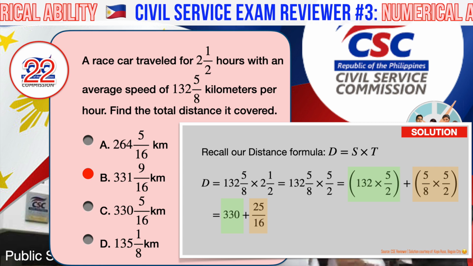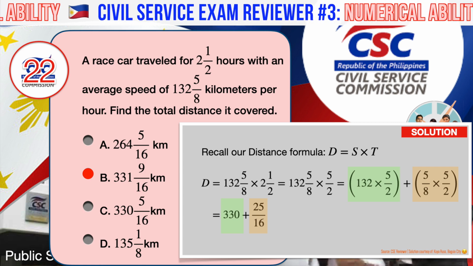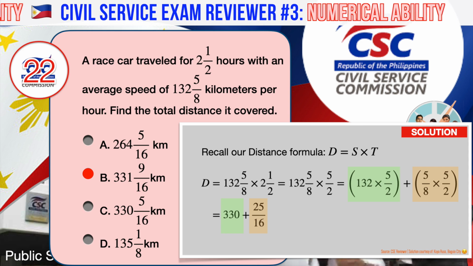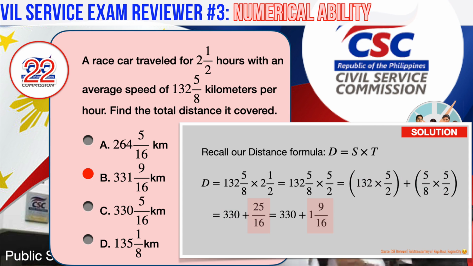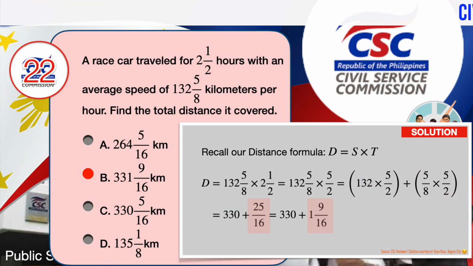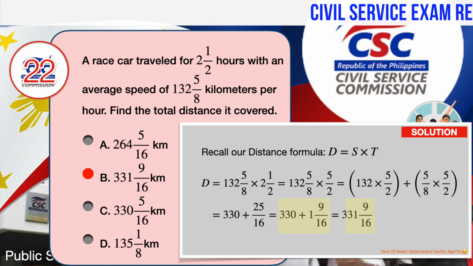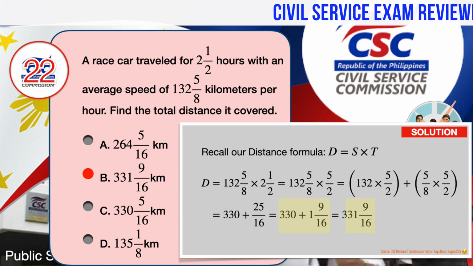We then simplify the second term by multiplying the two fractions. It should end up to 25/16. 25/16 can be simplified into its mixed number form, 1 and 9/16. Finally, we can add the two terms, 330 plus 1 and 9/16, to arrive at our final answer, 331 and 9/16.